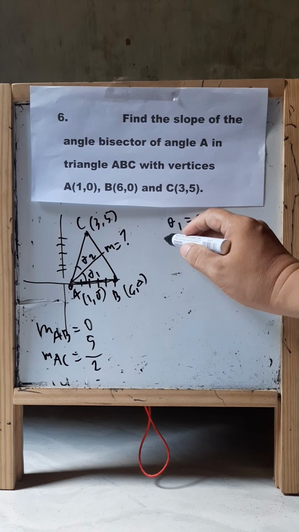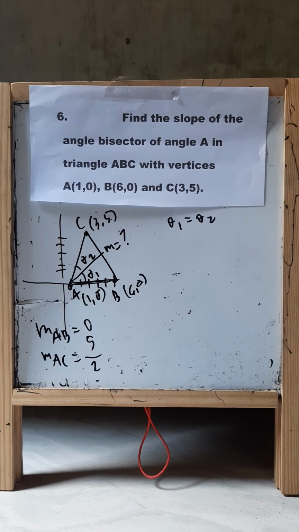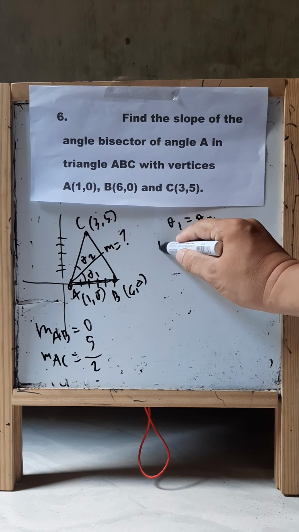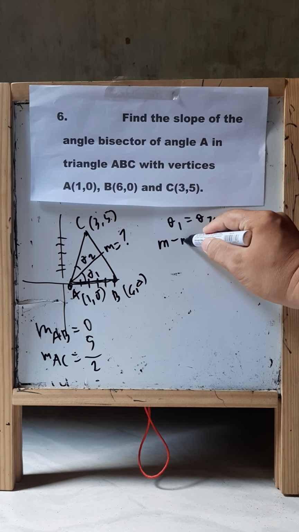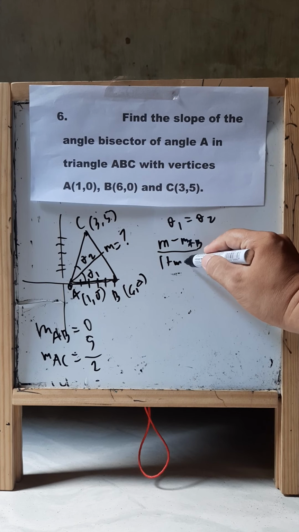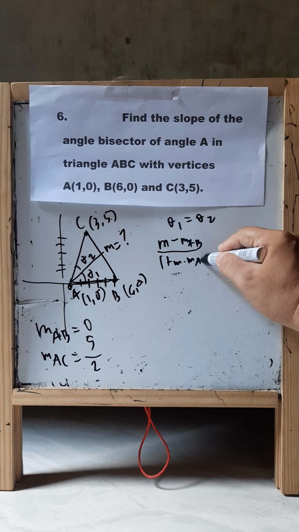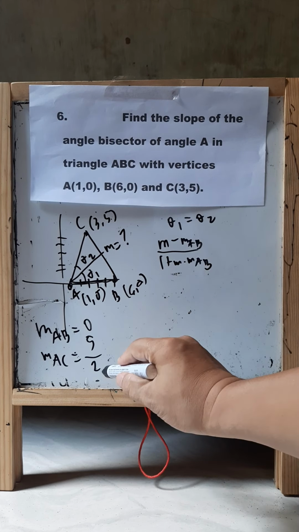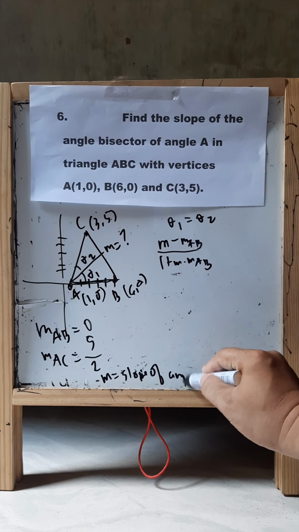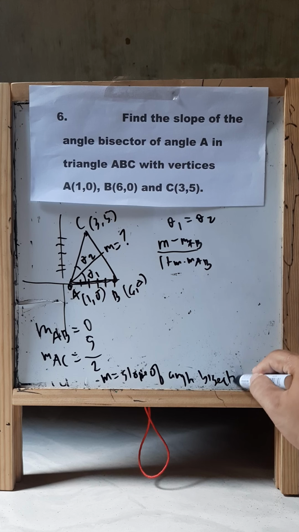Then how do we solve for theta 1? For theta 1, we have m minus slope of AB over 1 plus slope m times slope of AB. By the way, m is the slope of the angle bisector, which is unknown.